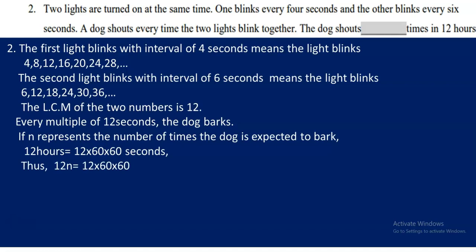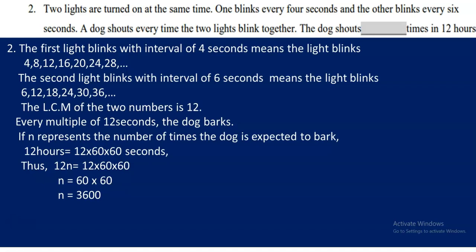Now what follows is, how many times do we have these 12 seconds in 12 hours. To find that, let's multiply 12 by n and equate with 12 times 60 times 60. This makes n to be 60 times 60, because we can simply cancel 12 by 12. So n is going to be 60 times 60, so n is going to be 3,600.